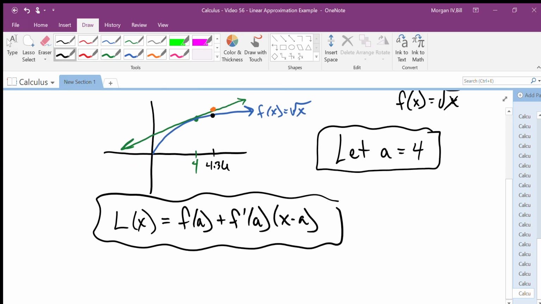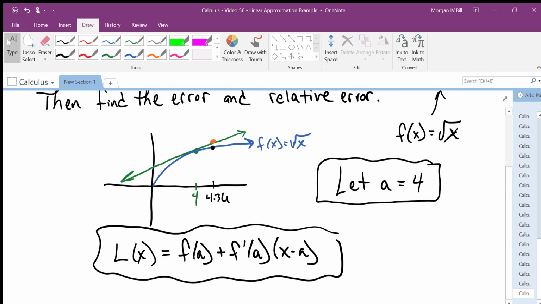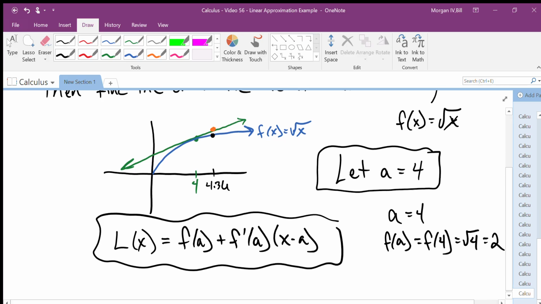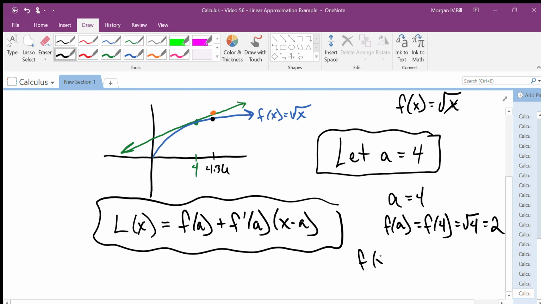So if we let a equal 4, we're going to need to know a, that's 4, f of a, whatever the square root of 4 is, 2, and then f prime of a. So let's just write all those things down. a is 4, f of a is f of 4, that is the square root of 4, that is 2. If f of x is the square root of x, let's rewrite that as x to the 1/2 power.